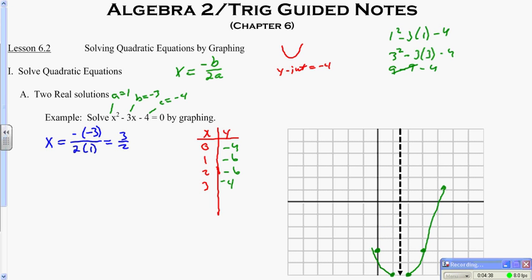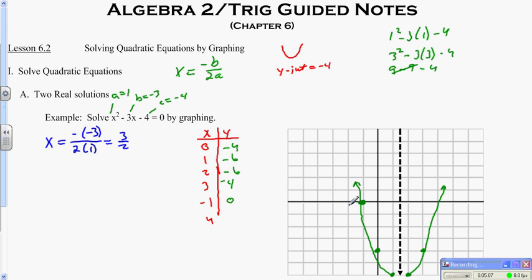Now, I don't have the vertex on there, my graph doesn't go low enough, but let's plug in one more thing. Let's plug in a negative 1 and a 4, so we'll go one more either direction. If you plug in a negative 1, we will get a 0.